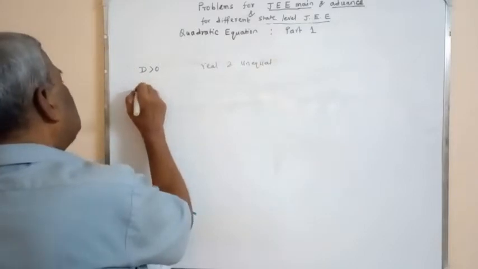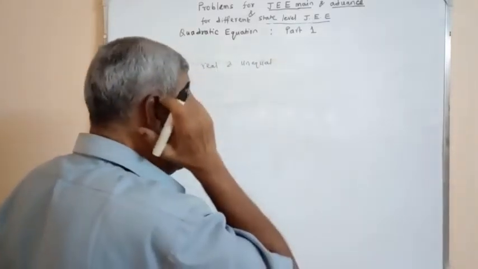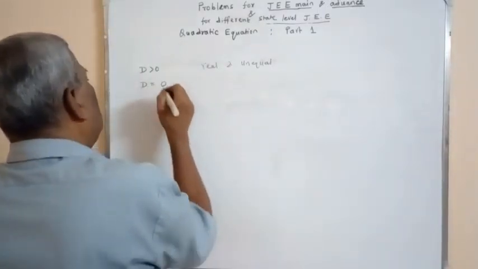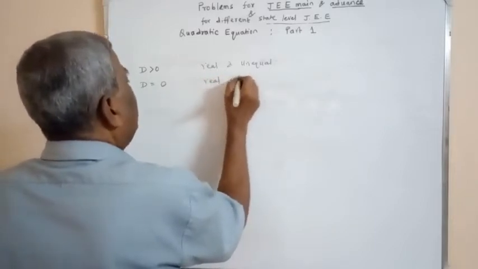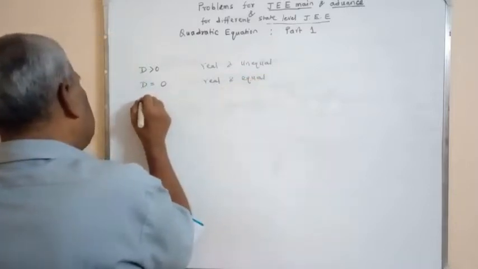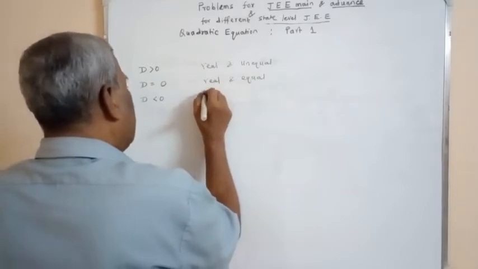D means the value of the discriminant, which is b square minus 4ac. If D is equal to 0, roots are real and equal. If D is negative, roots are imaginary.